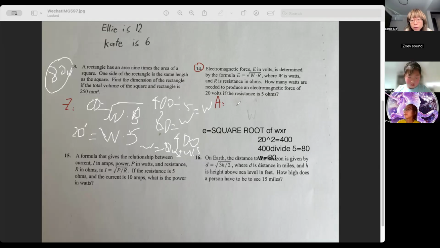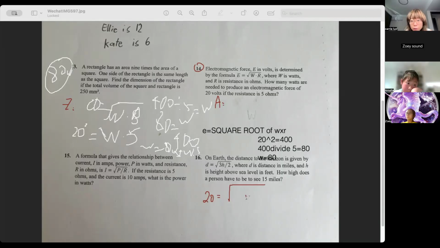Everyone has written this method: E equals square root of W times R, right? So what is watts and resistance, how many watts are needed to produce an impulse of 20? Okay, so it's 20 equals the square root of W times R. First we write this down.